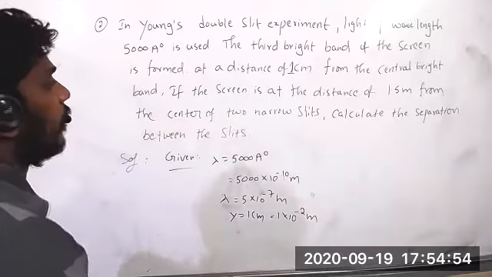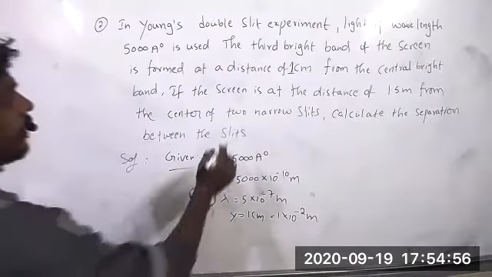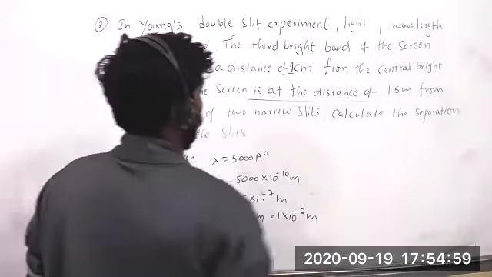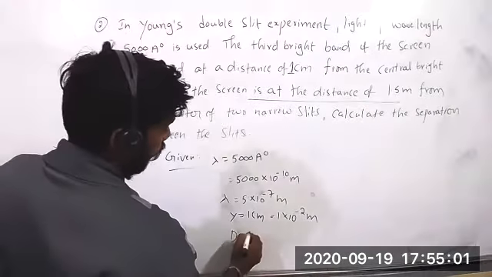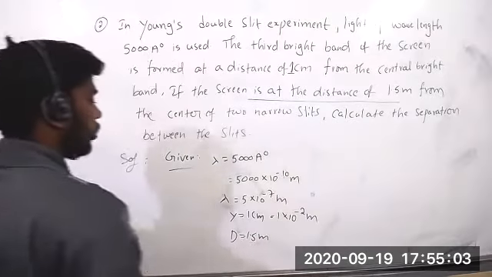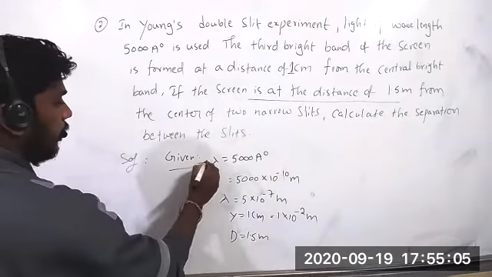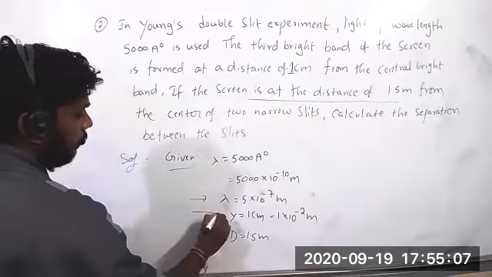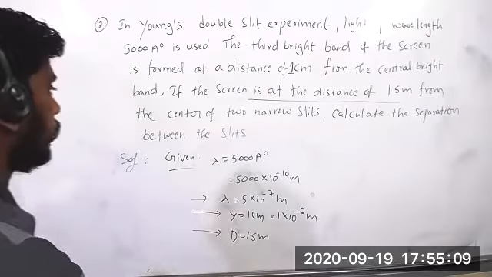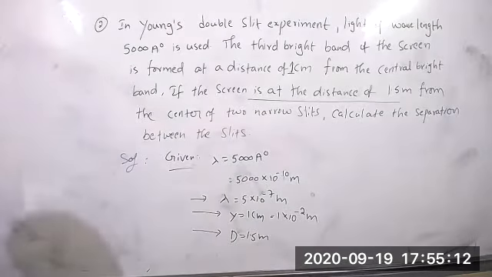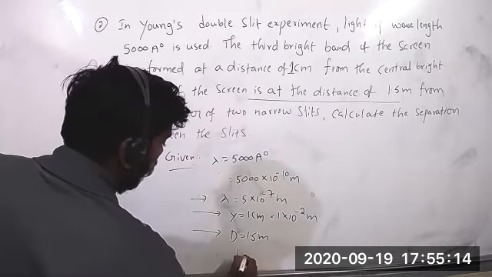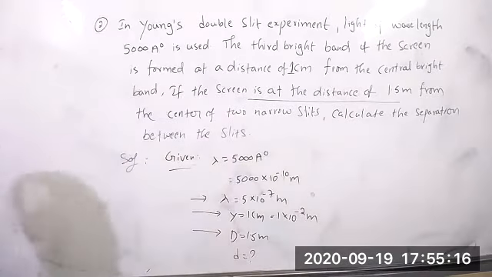And the screen is at a distance of, so D equal to 1.5 meters. We have lambda, y, D. We have to calculate small d, the distance between the slits.